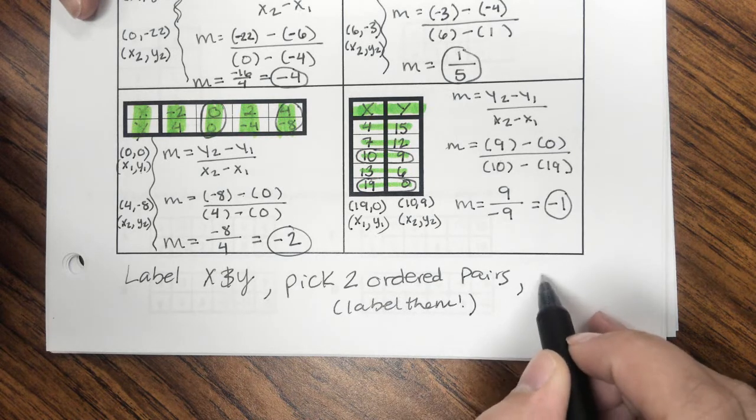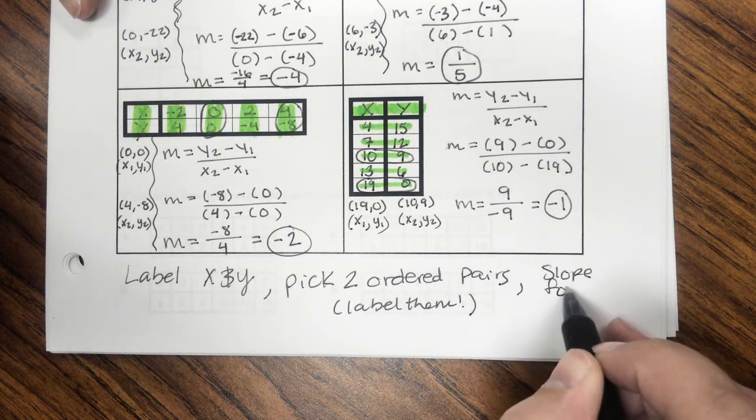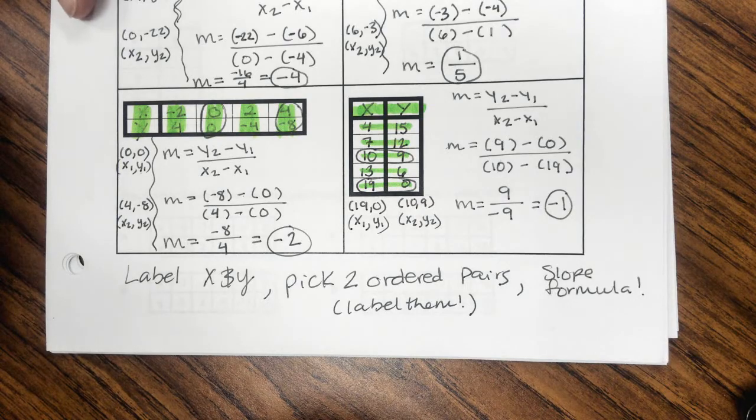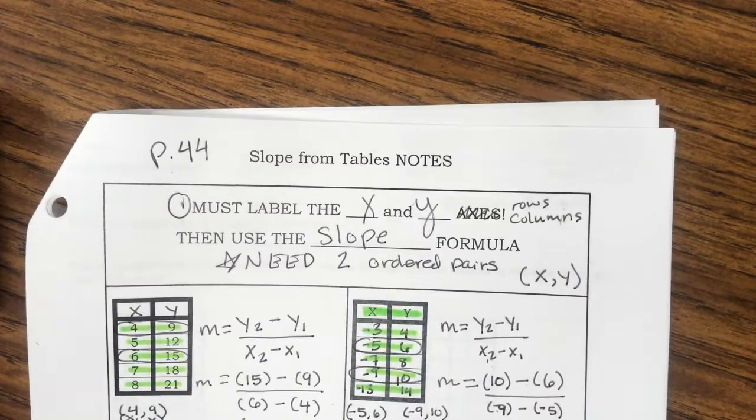And then you're just using the slope formula. This was page 44 from our binders. Flip over to page 45 real quick.